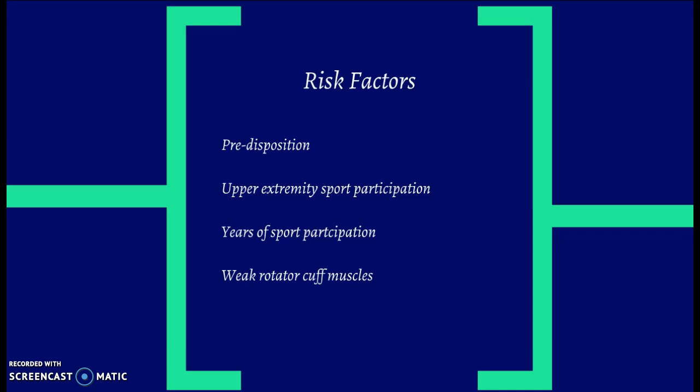How many years they've been participating in sport. If they've been participating since they were a child, they might have an increased risk of multidirectional instability. And if they exhibit weak rotator cuffs, possibly from previous injuries, they might be at a higher risk.